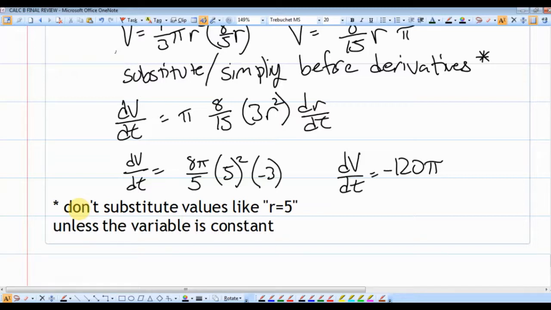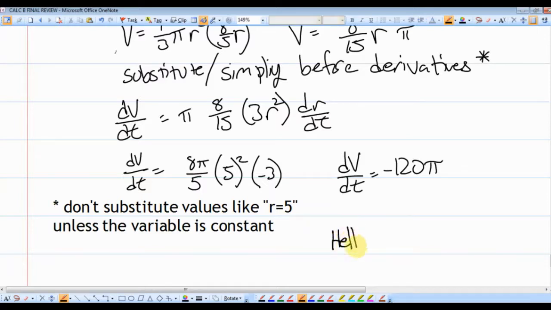Wait, how did you do that? He highlighted it. I'll show you. I'm going to select it. You right click and then convert handwriting to text.